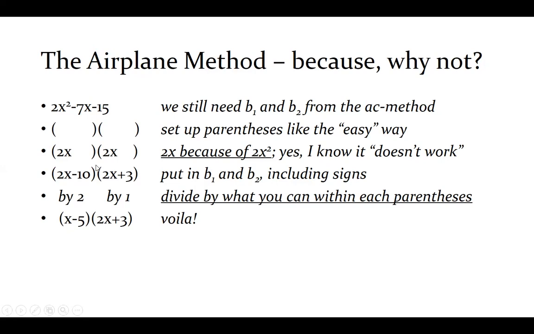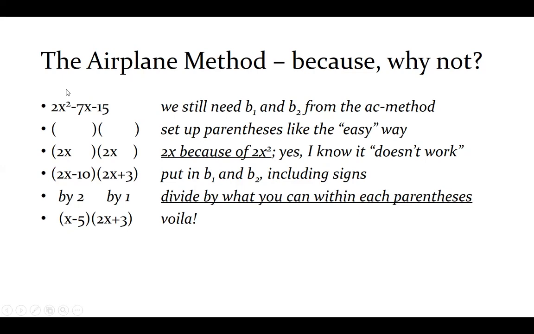So with the airplane method, we start off by setting up parentheses like the easy way. And then we're going to put in 2x and 2x. And we're going to do that because of the 2x squared. And you might be screaming at me at this point. I don't understand much, but I do understand that 2x times 2x is 4x squared.